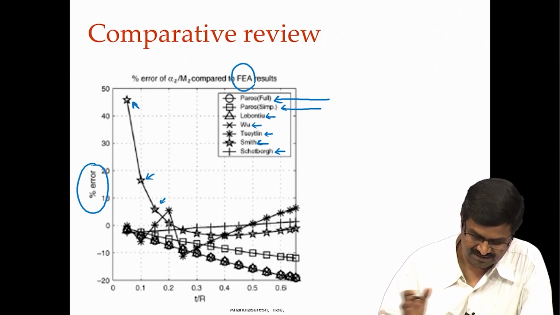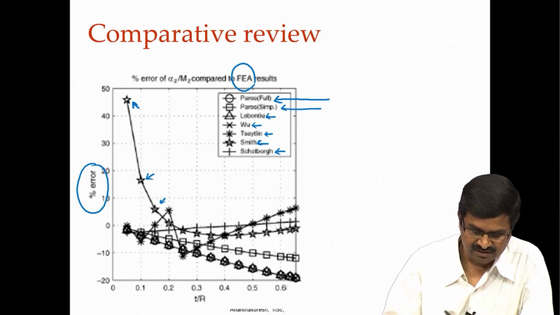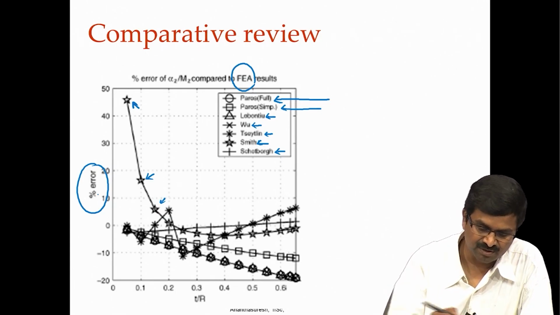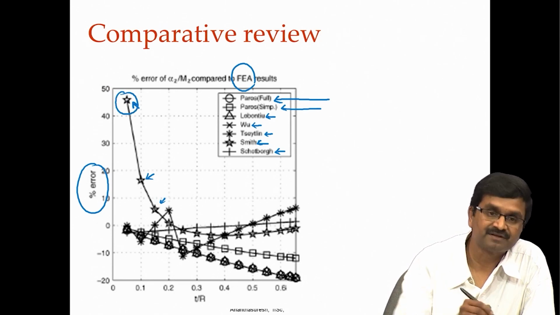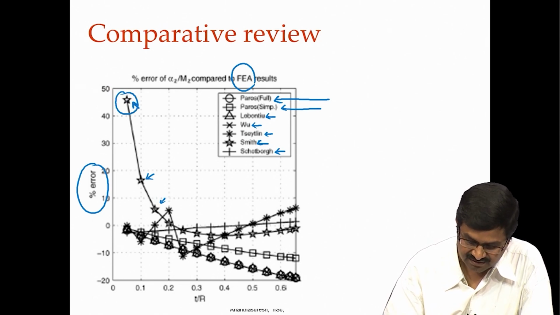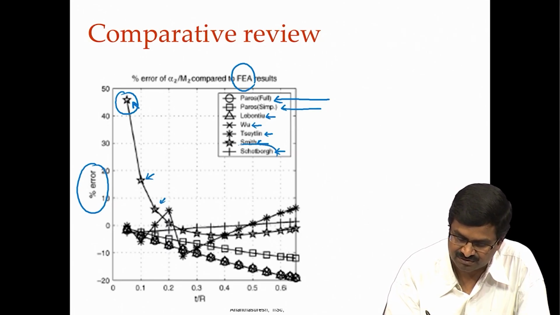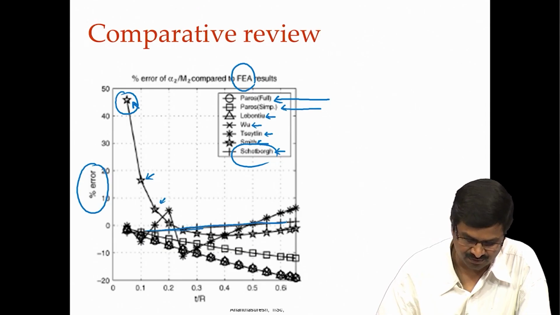Okay, that theory has developed very well, and implementation has also reached a stage where you can trust it. So, if you compare with finite element analysis, some of them have 50% error, you see this is going to 45% error, and some of them are accurate. Let us see which of them is very accurate: the one with the pluses, somebody called Schoolborough, seems to be closest to zero error.